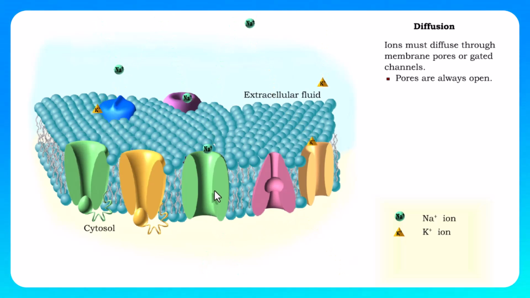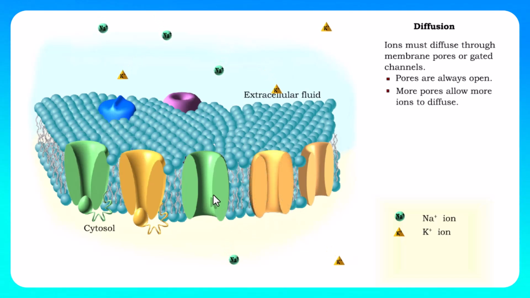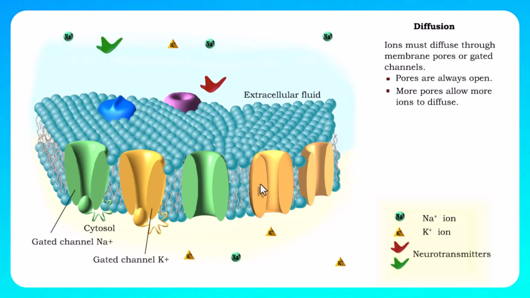Leakage pores are always open. In other words, these are sodium and potassium leakage channels. The number of pores or channels determines the amount of ions that diffuse across the membrane.